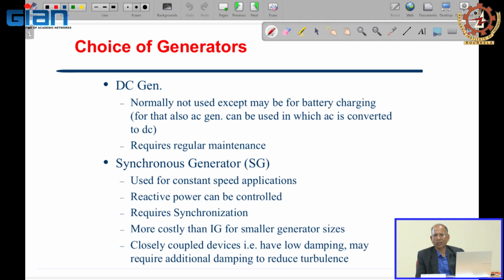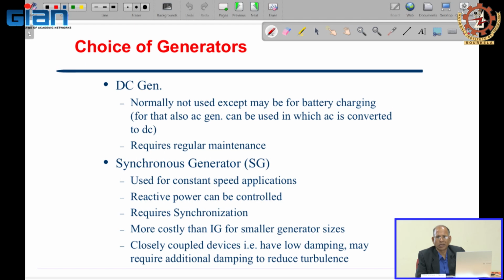DC generators are nowadays not used, because wherever we need DC power, we can rectify AC power into DC rather than having a DC generator. So DC generators are now almost obsolete. So we are left with two options, synchronous generator and induction generator.